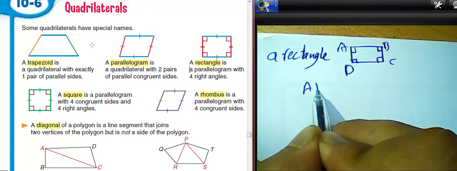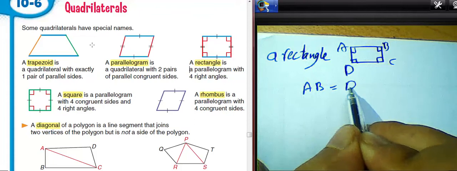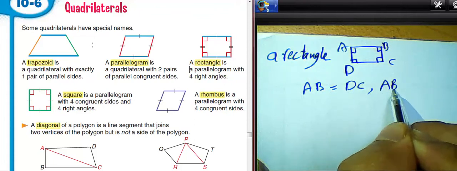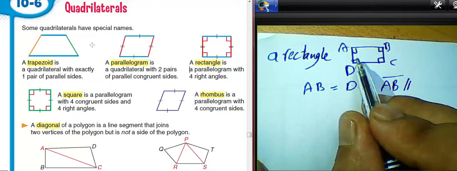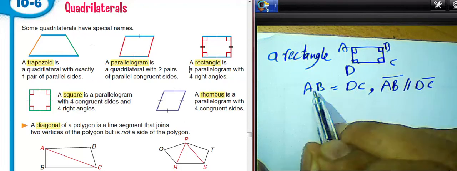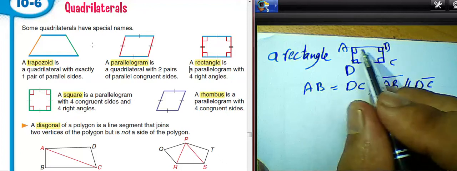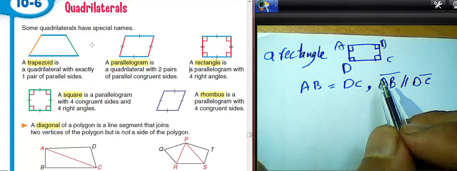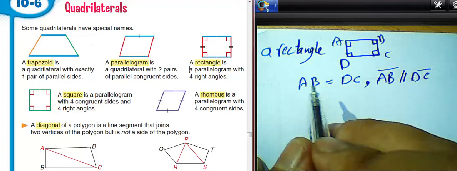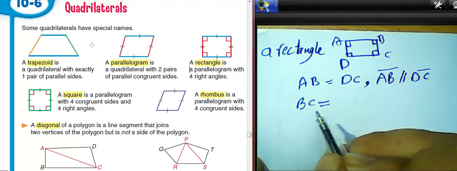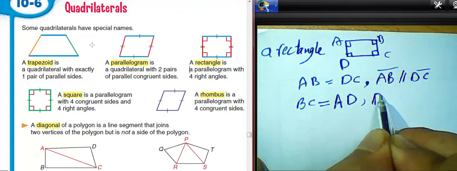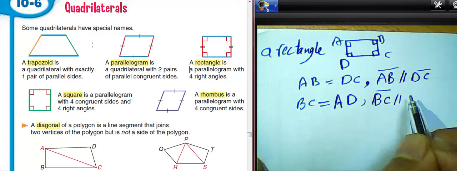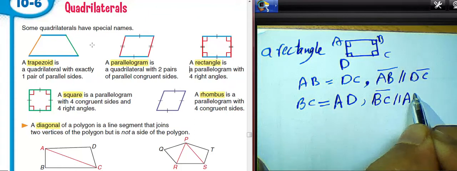AB equals DC in length, and side AB is parallel to DC and equal in length. Each two opposite sides are equal in length and parallel, and BC equals AD in length, and BC is parallel to AD.